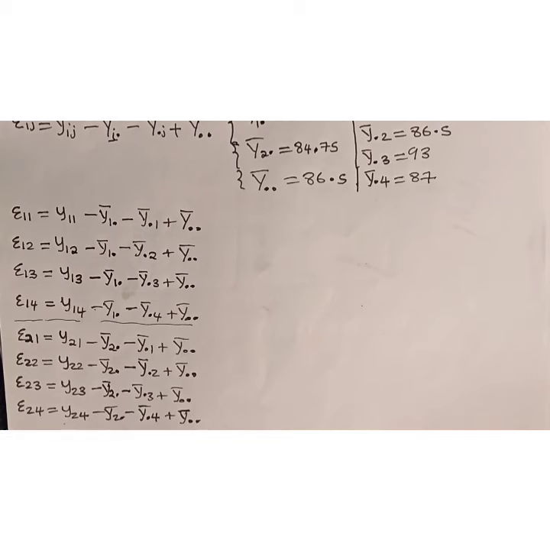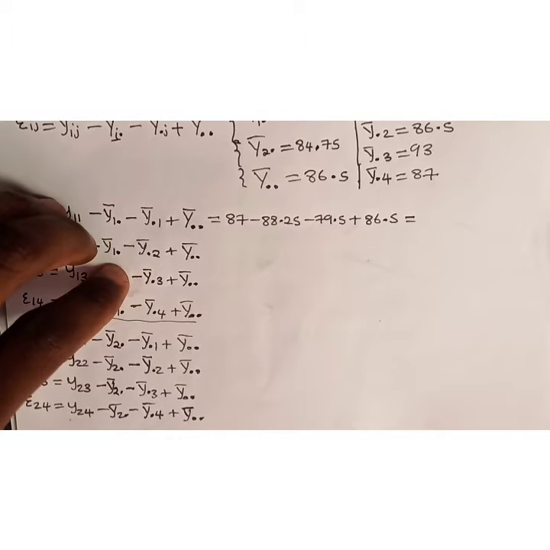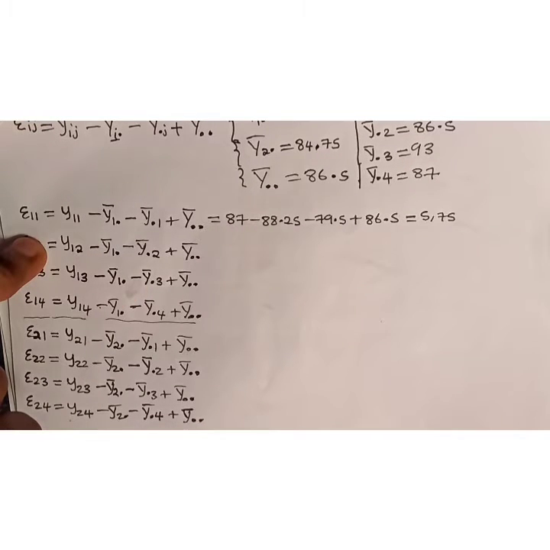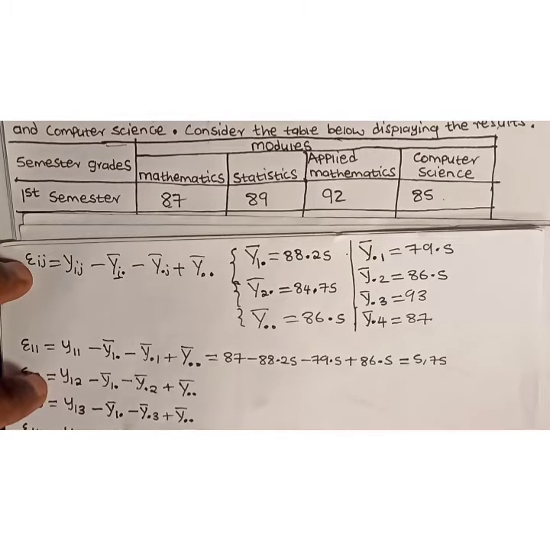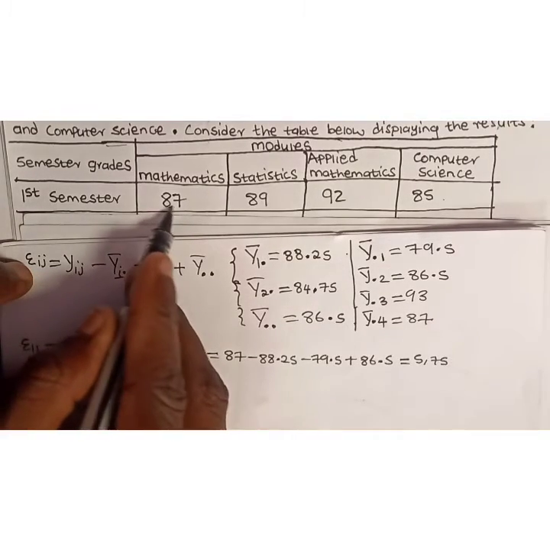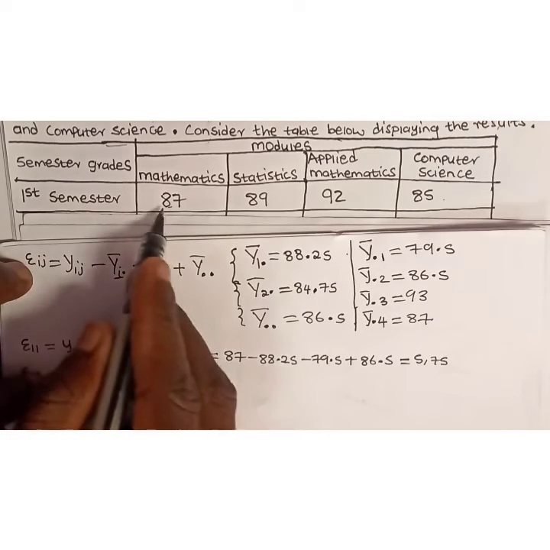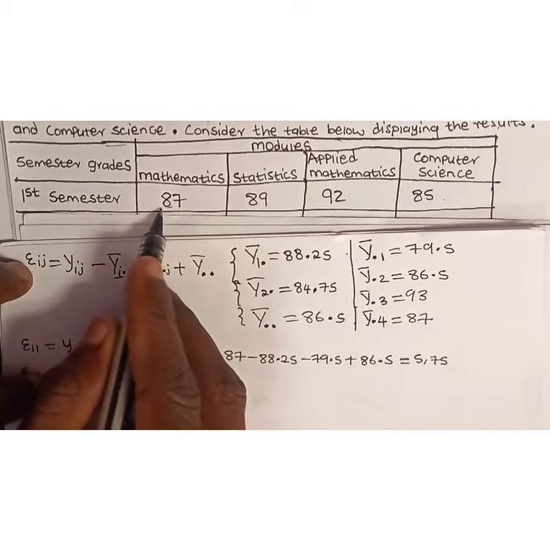E11 is given by Y11 minus the mean of the first treatment minus the mean of the first block plus the grand mean, which is 87 minus 88.25 minus 79.5 plus 86.5, I get 5.75. In case you are not lost, this 87 is this value here, Y11, your response on the first column, first row.